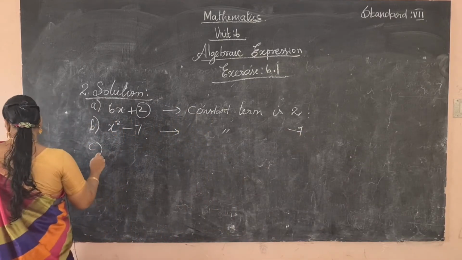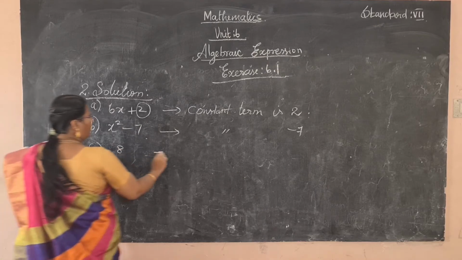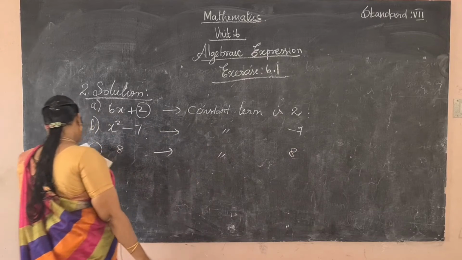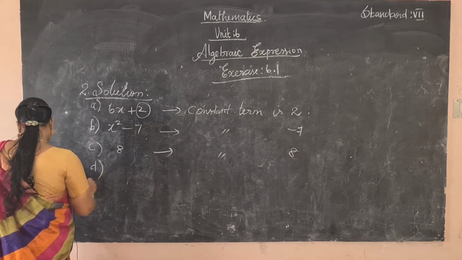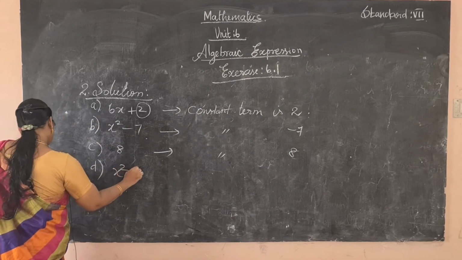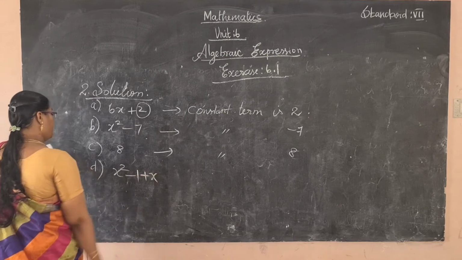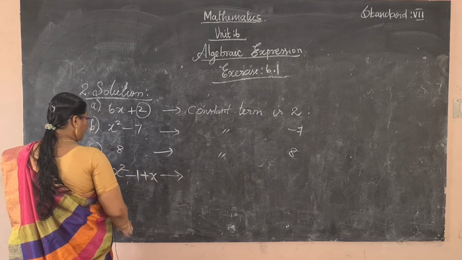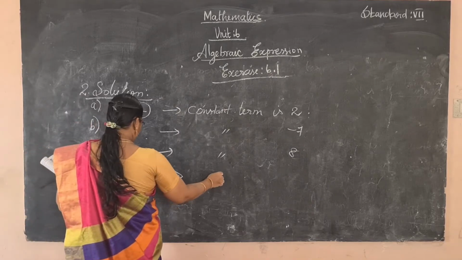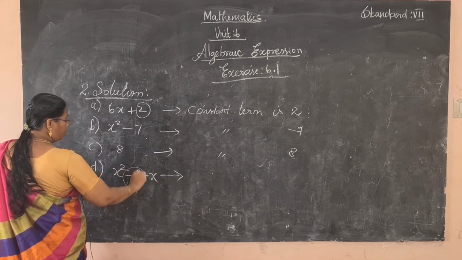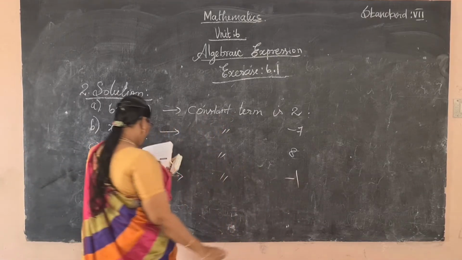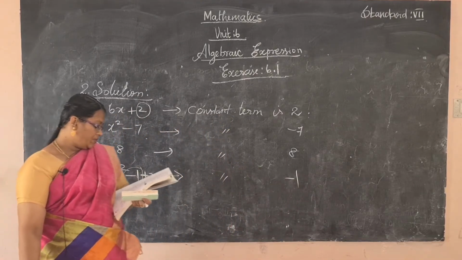And C, 8 is given. 8 is also a constant term. And D, x squared minus 1 plus x. So which one is constant here? Minus 1. So minus 1 is the constant and the remaining problems are homework.